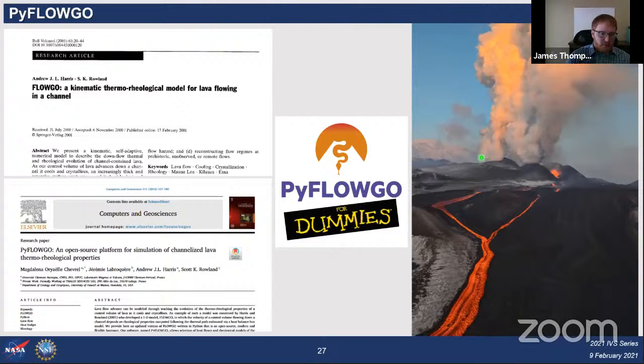As well, it's also designed for channelized flows, and I'm looking at channelized flow, or my hope was to look at the channelized flow from Fissure 8 in 2018.